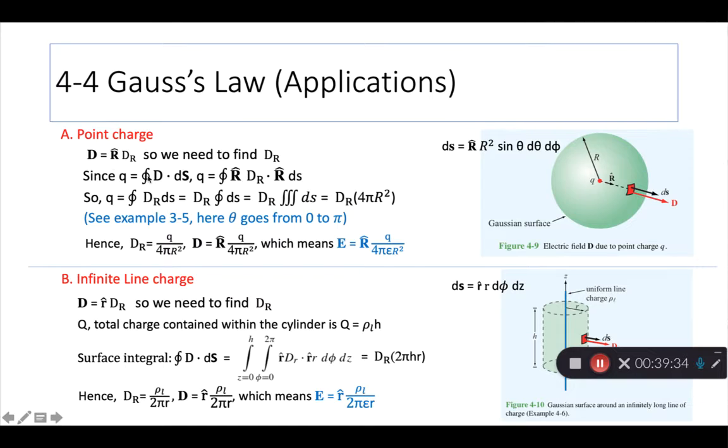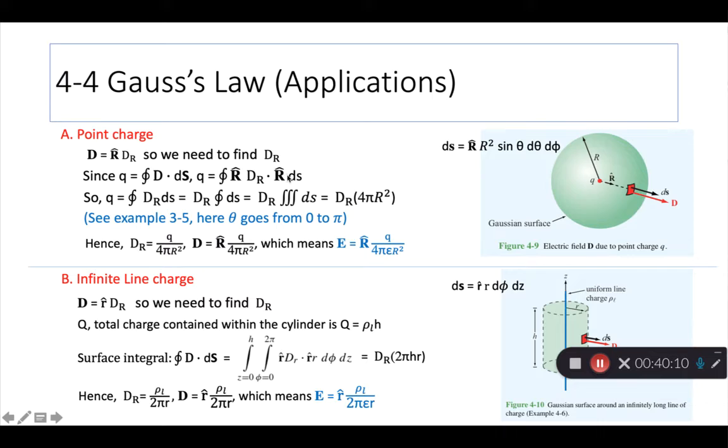So what do we do here? We need to find D at a certain point. D is a vector, so it has a unit vector to give you the direction, and then it has a magnitude, Dr. So we need to find Dr. Now Q, the charge enclosed, is this integral. So Q is the D integral times dS.